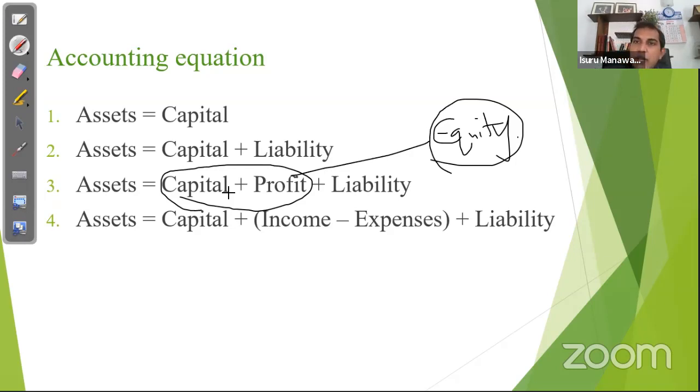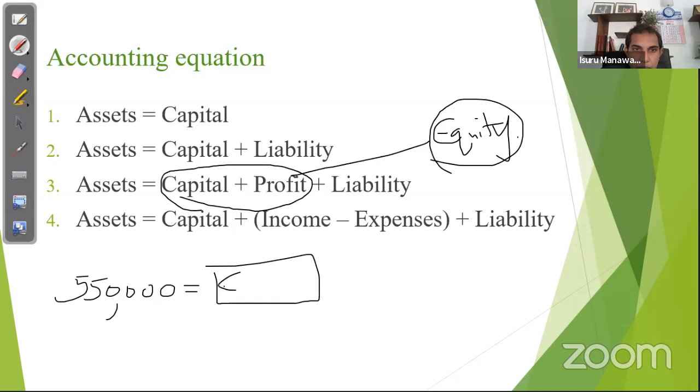Now, if someone gives all assets and liabilities, let's say assets 550,000, and you are not given equity, but you are given liability 500,000.